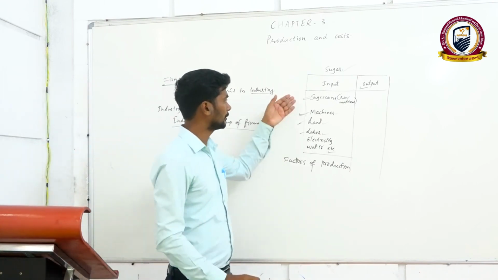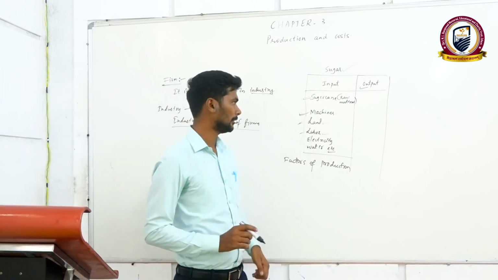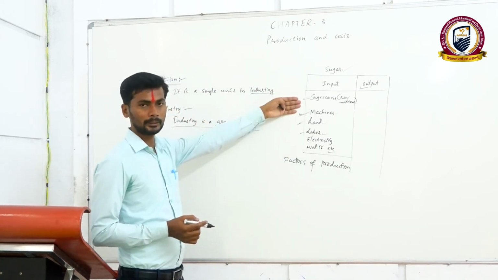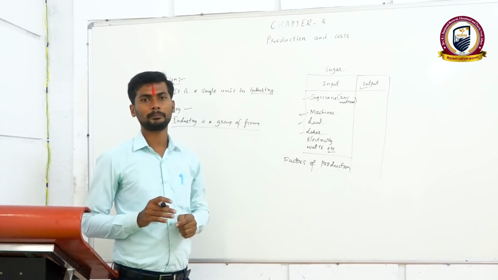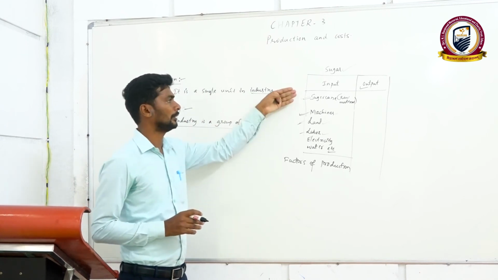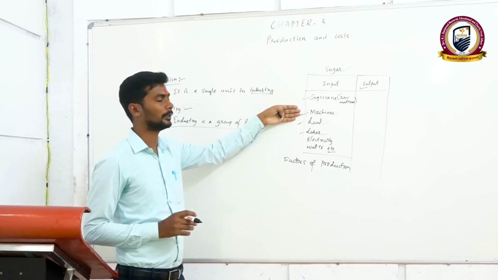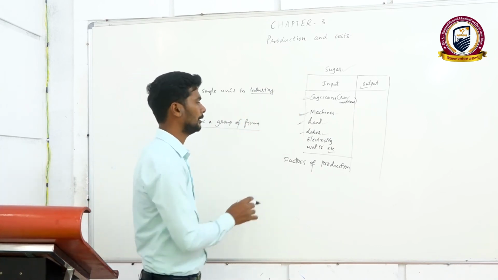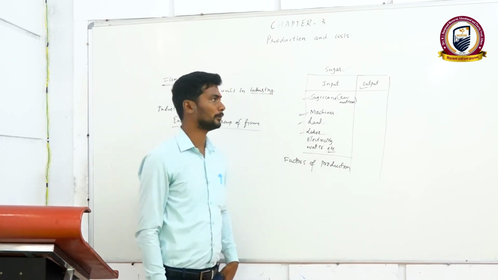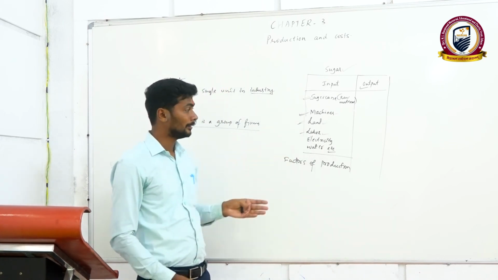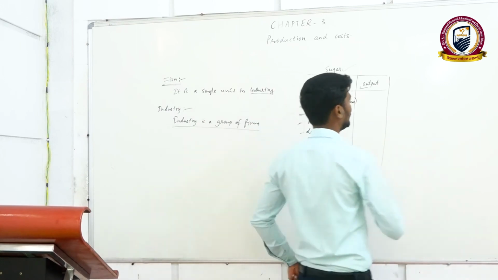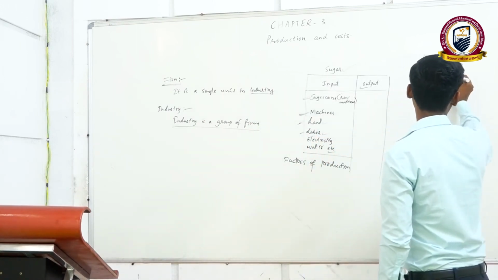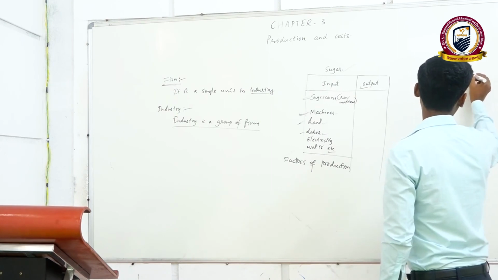A firm will use these inputs in the process of production, and for using all these inputs, it has to pay. It has to pay a reward, remuneration, to the inputs for making use of these factors in production. Then that is called cost of production.